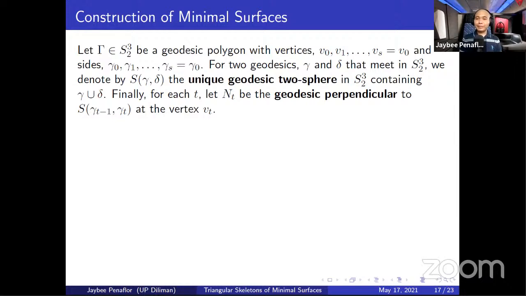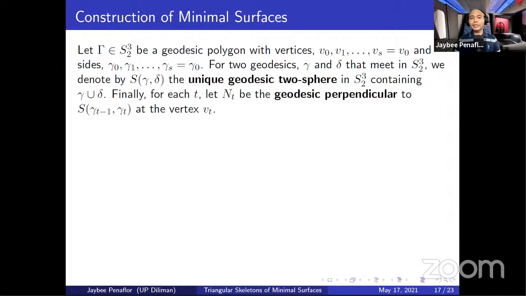This time when you see capital gamma, it's a general polygon. Let's denote capital gamma in S^3/2 as a generic geodesic S+1 sided polygon having S+1 vertices and S+1 sides. We represent the vertices by subscripted V's, and the sides by subscripted small gammas.